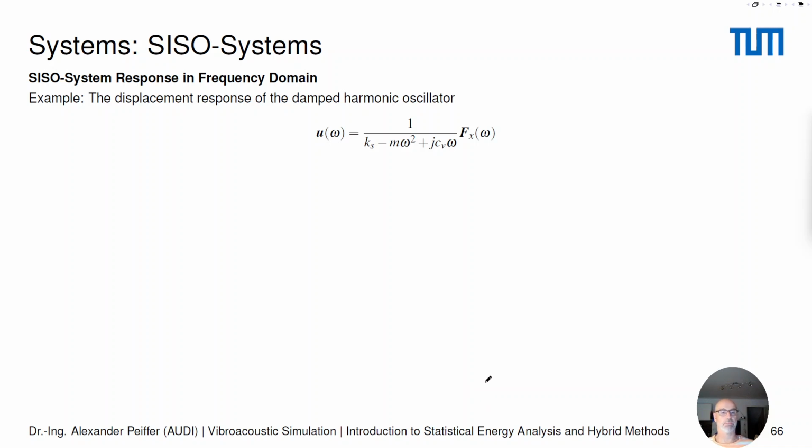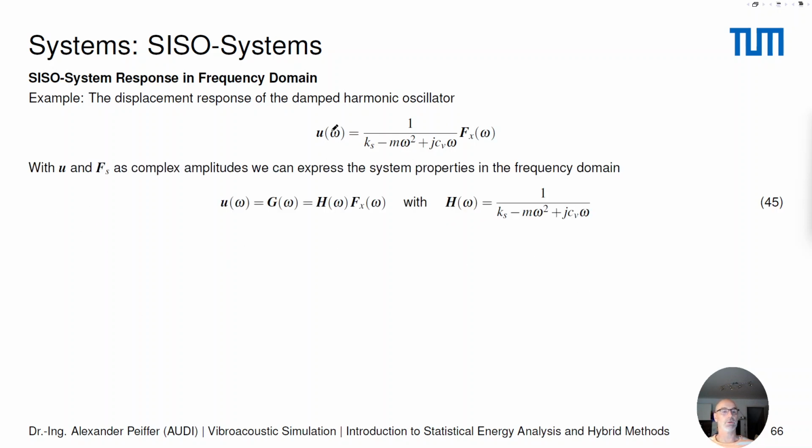Let's come to one classical and good example. We come back to our famous damped harmonic oscillator. If you remember well, the excitation of a force, here our input, in terms of displacement, our output, is given by this fraction expression here.